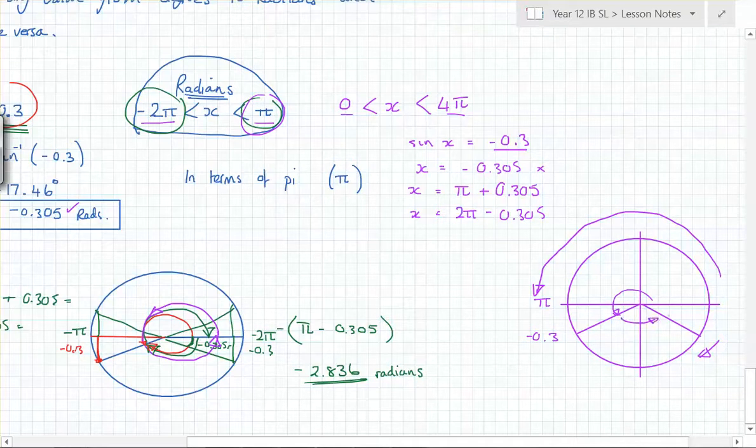No, because I can actually go all the way around again. That would be 3 pi plus 0.305. And if I keep going around again, it would be 4 pi minus 0.305.